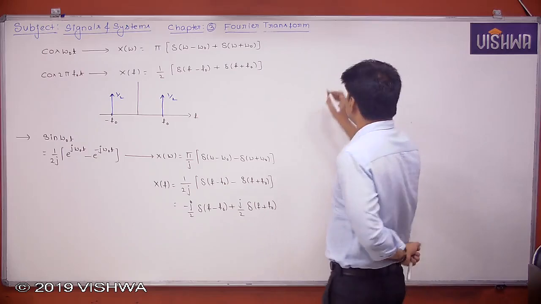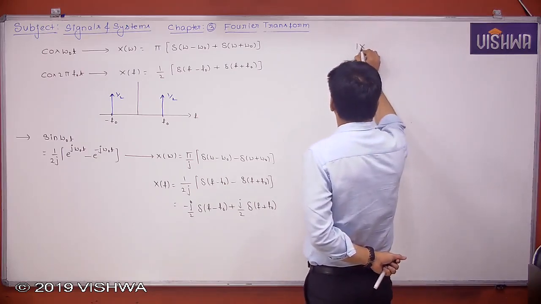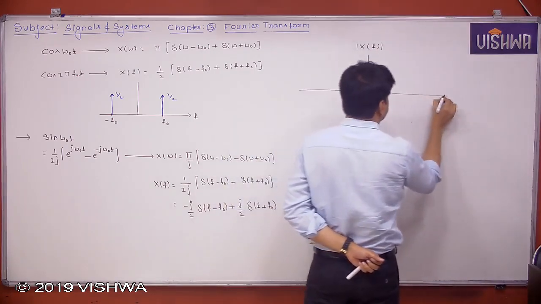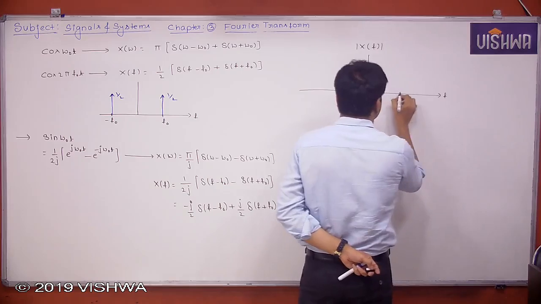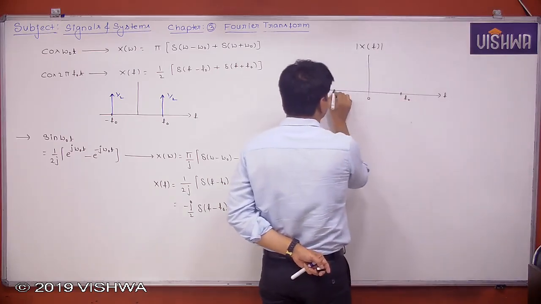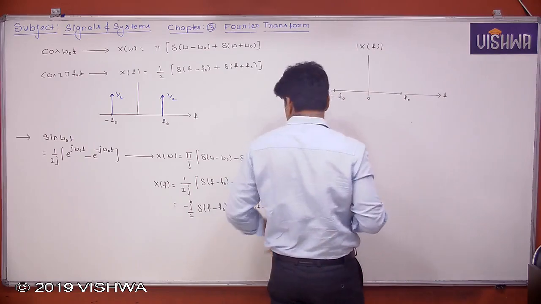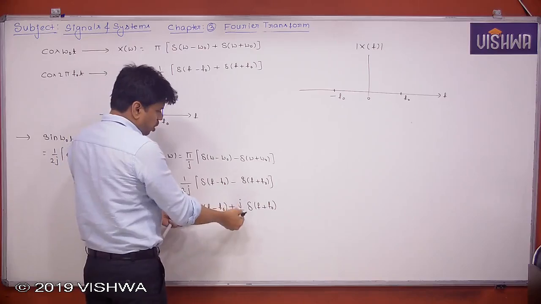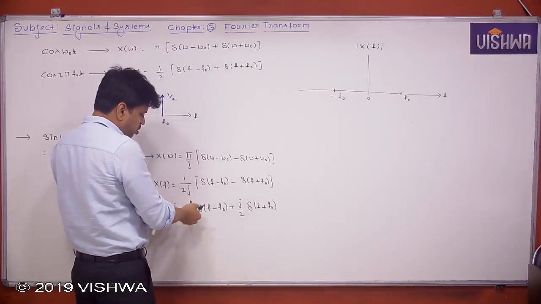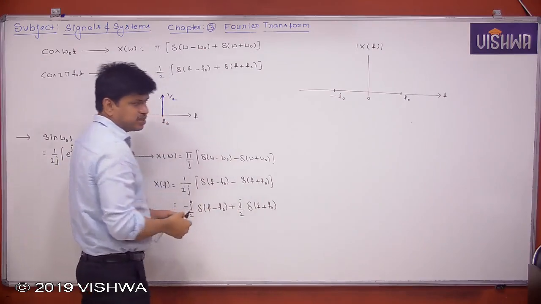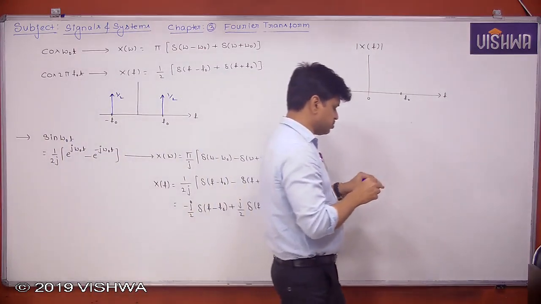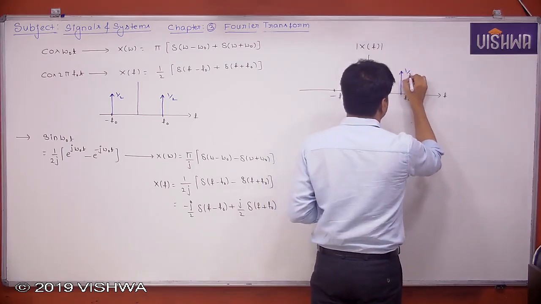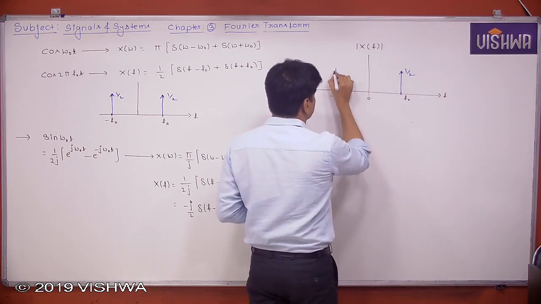If I draw mod x of f with respect to f, at f naught and at minus f naught we have impulse functions with amplitude 1 by 2. At f naught the amplitude is 1 by 2 only, and here also 1 by 2 only.